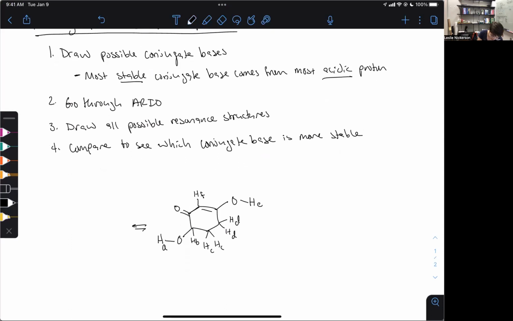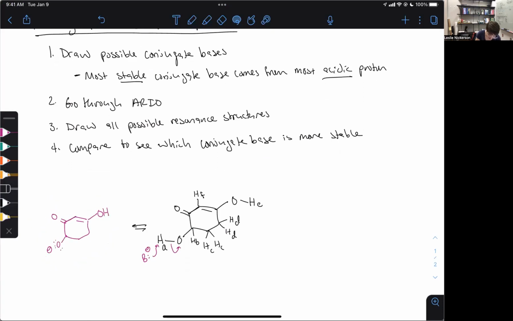So if I go to HA first, do my acid-base arrows. That's my conjugate base. Do I have any options in terms of resonance here?